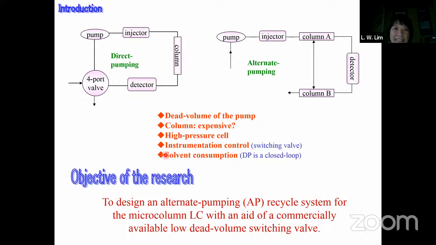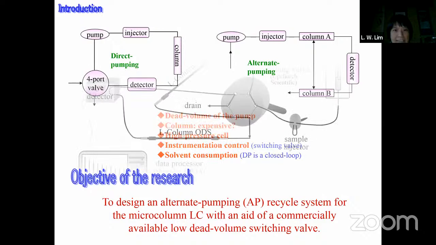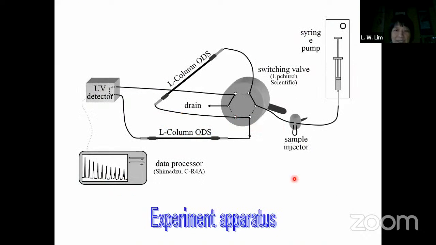So anyway, at the time, our aim was to develop alternate pumping using a capillary system, but with a very low dead volume valve. This is the system we used before. We used a switching valve by Upchurch Scientific, which I think was the cheapest valve we could find at that time. If you look at eBay or auctions, it's very cheap now.